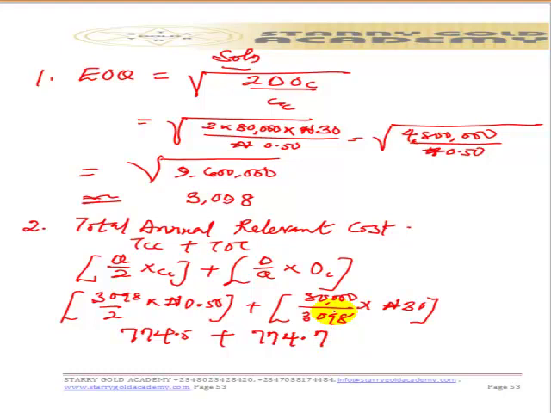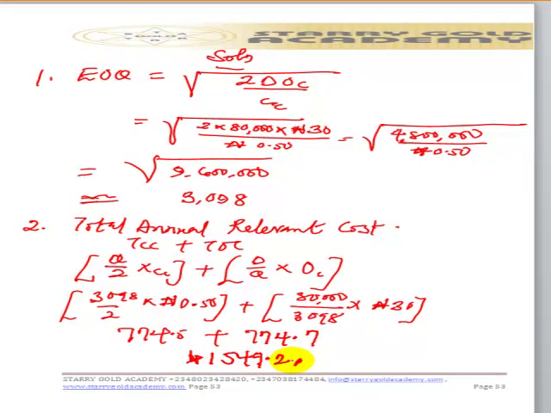So 774.5 plus 774.7 will give us 1549.2. So that's our total relevant cost.